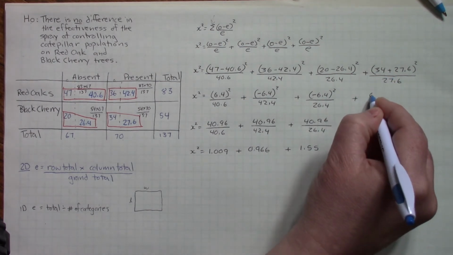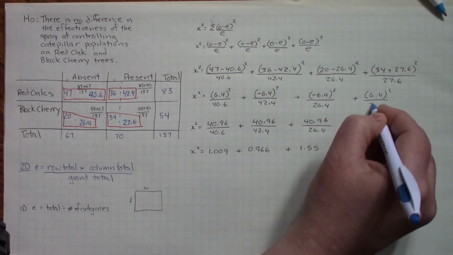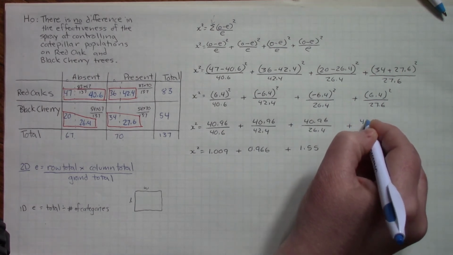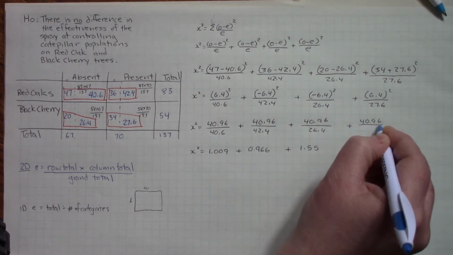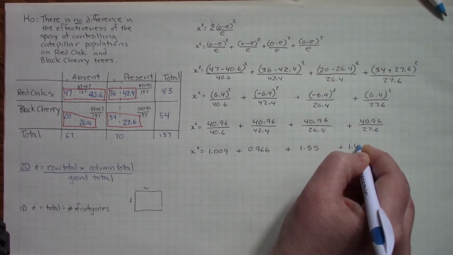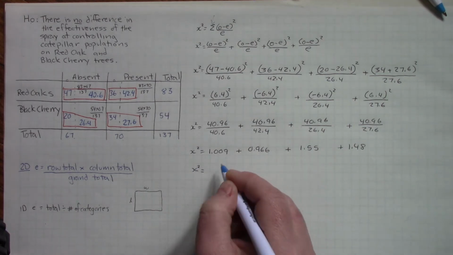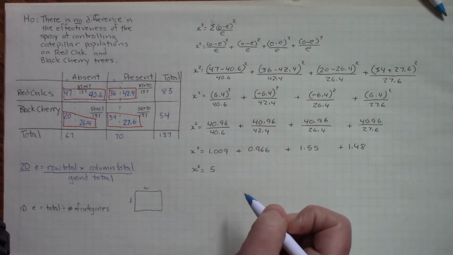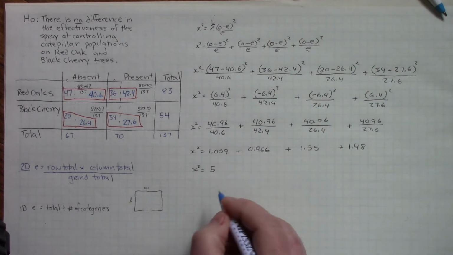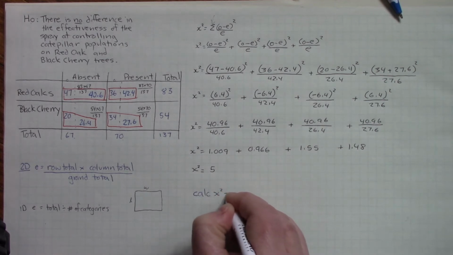Yep. When we add those all up, we get roughly 5. It's like 5.00 something. So this is our calculated chi-squared. So our calculated chi-squared equals 5.